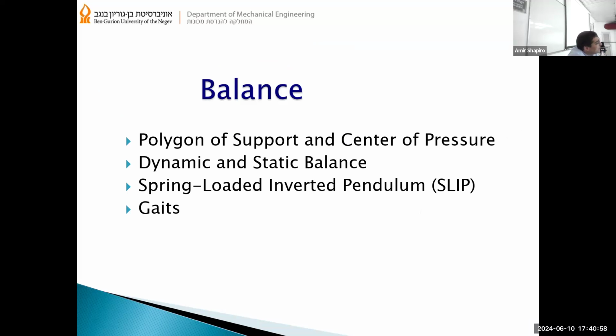So balance, stability, equilibrium, static stability, all are different names for the same phenomenon, that we want the robot to be kind of stable.